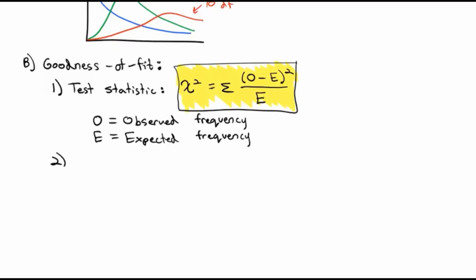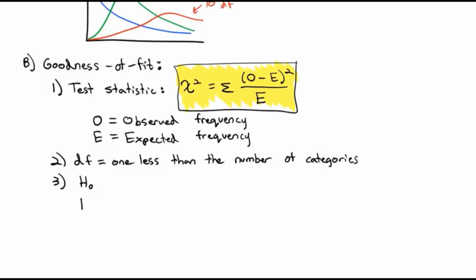Now, with chi-squared, we have to know the degrees of freedom. The degrees of freedom with the goodness of fit is 1 less than the number of categories. And then for our null hypothesis and alternative hypothesis, with the goodness of fit test, we usually state it in a sentence rather than symbolically, like we did with the means in the t-distribution or the normal distribution.